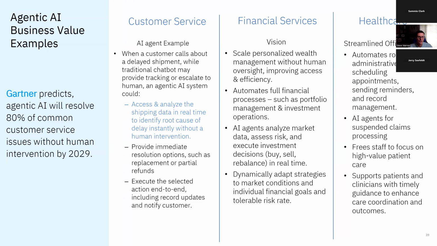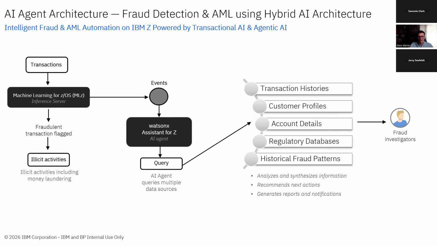I'm going to go to a use case here that is very interesting. And this is like using a hybrid AI architecture. In this case, I actually do the fraud detection using a traditional framework, and I might be able to block the account if it's fraudulent. But that's not the end of the story.